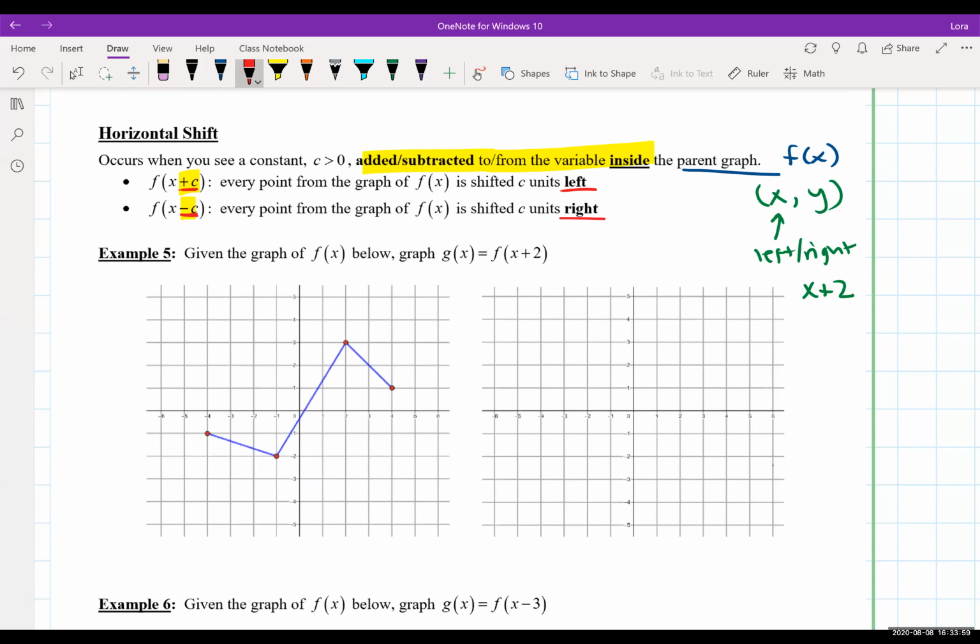To describe this opposite, think about your f of x, your function, as a performer who's on stage. And think about yourself as the audience. It's a little hard to do this because we are not in person, but I'll do my best. This performer on stage, if they jump up, then you see them move upward.